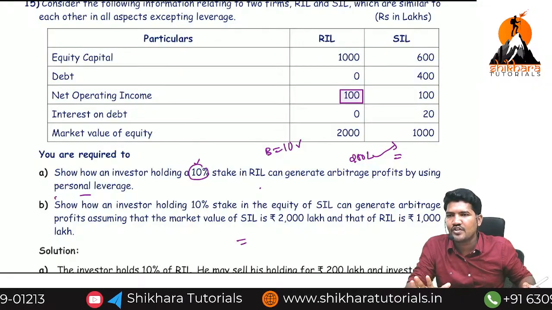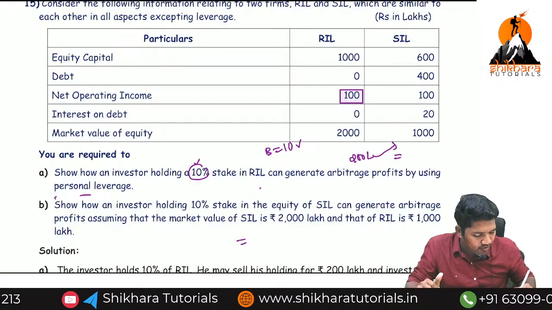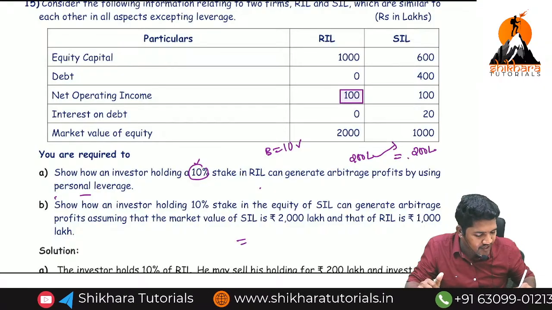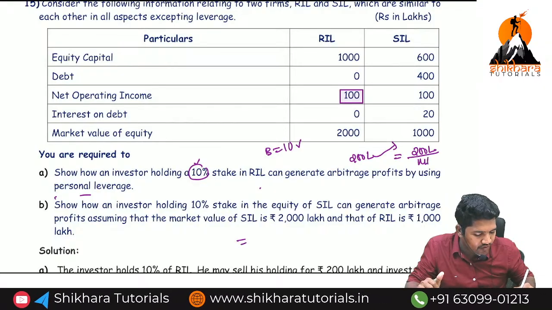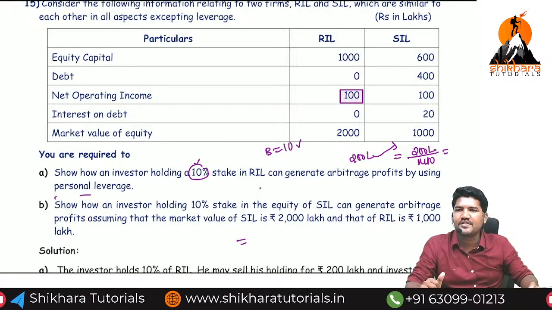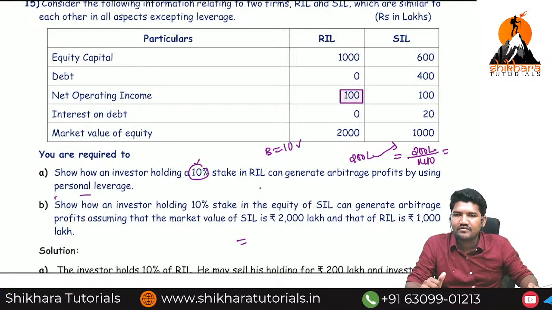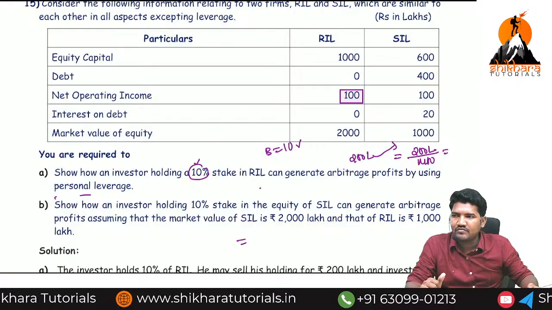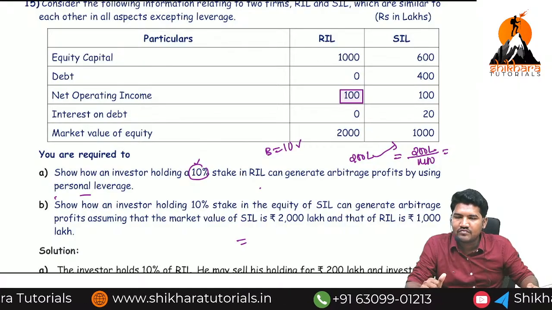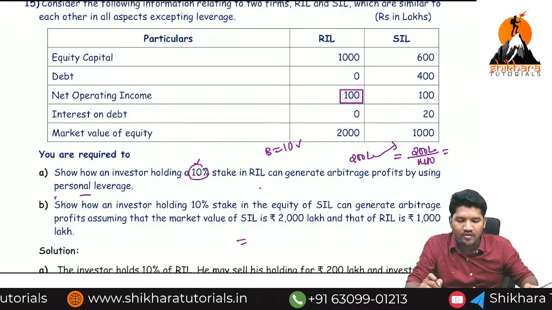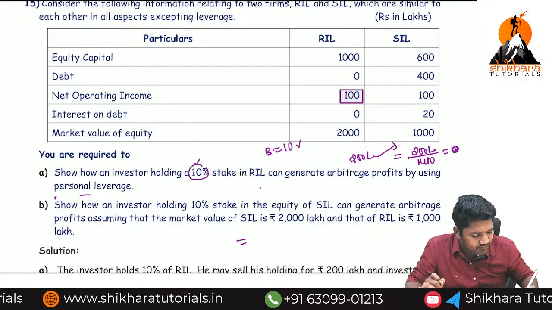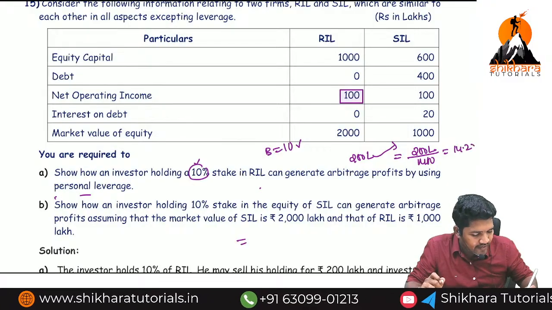Now please calculate the percentage of ownership you will receive. Now 200 lakhs I am investing on total market value of 1400. That equals how much percentage? 14.28.